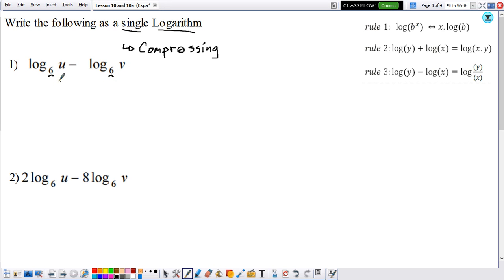We will talk about bases in future videos, but right now notice that we can only compress or expand if they have that same little number here, which is called the base. All of our examples are going to have the same base, but notice that you need to check sometimes. If they have the same base, then we can apply that. In this case, they all have the same base, so we can proceed.